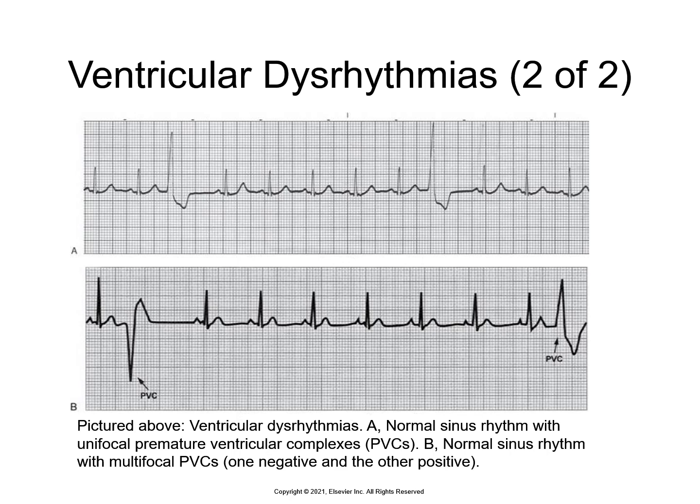It is between those two regular beats, so there's a compensatory pause here. And this one's occurring occasionally. Then below that you can see that there are different foci. This one is called multifocal PVCs. One is negative and one is positive.